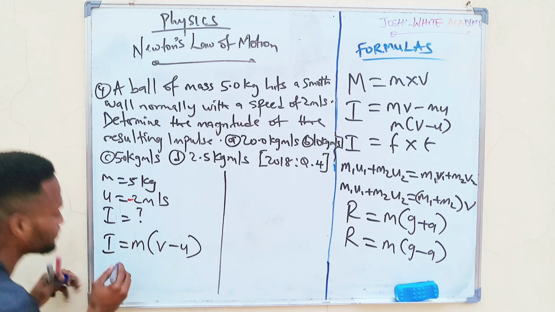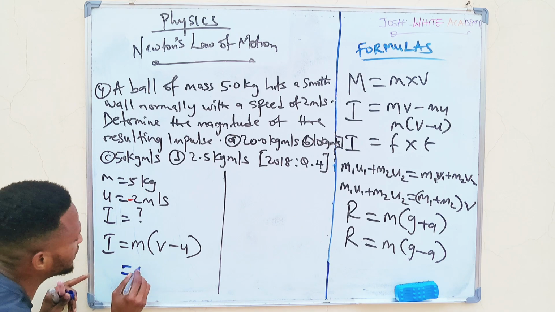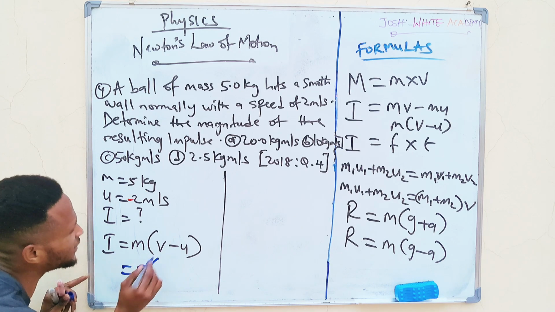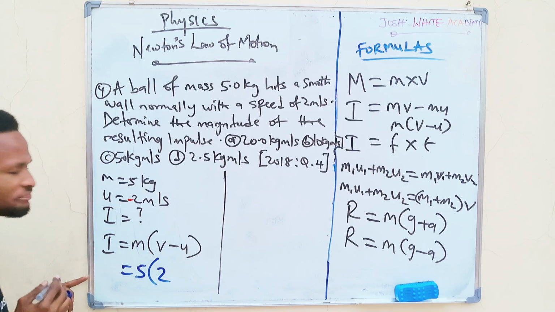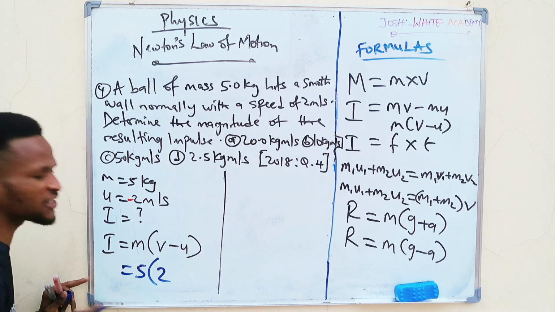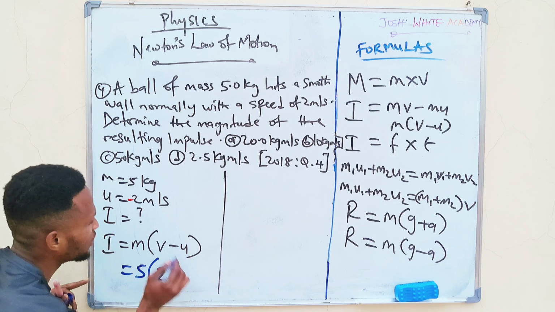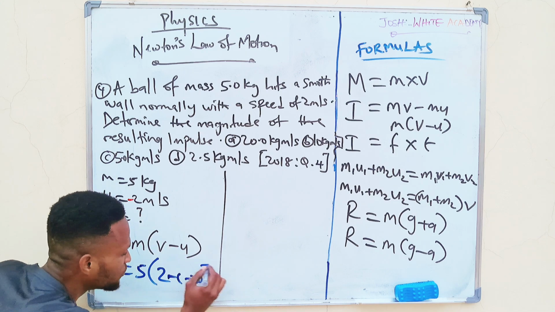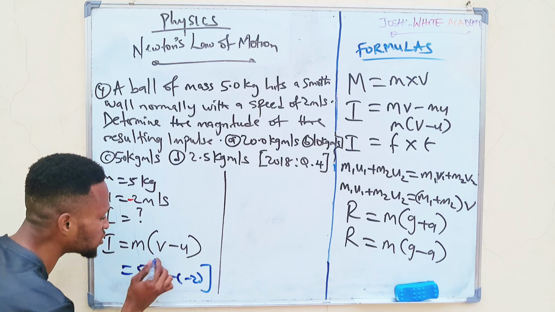So in this case, our mass is 5, our velocity will be 2, then our initial velocity, there is a minus here, -2. So please always take note.